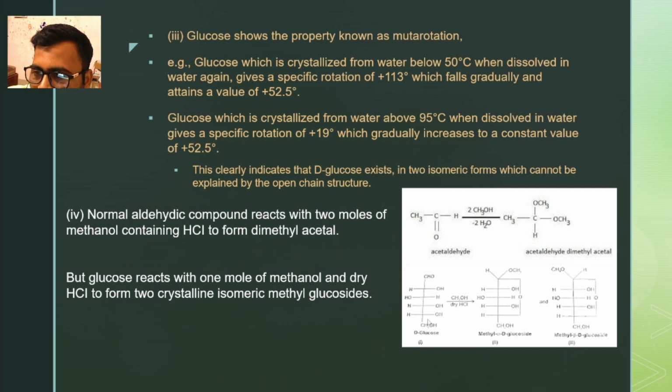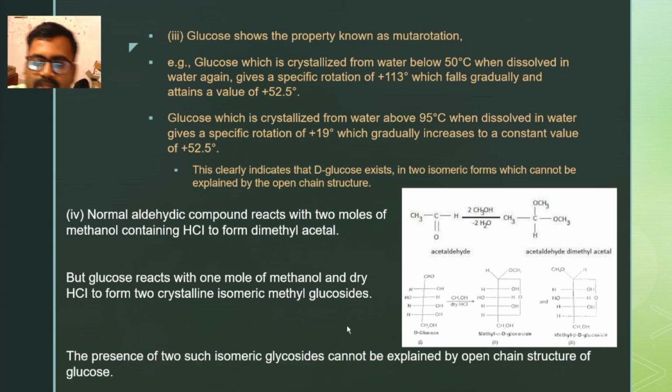So the presence of two such isomeric glycosides cannot be explained by open chain structure of glucose.